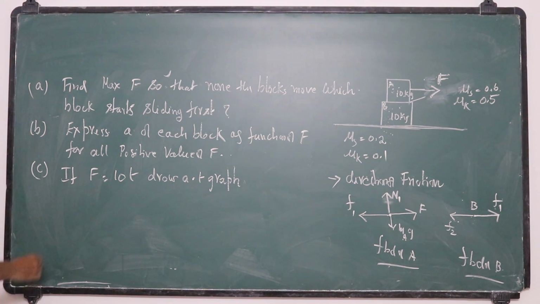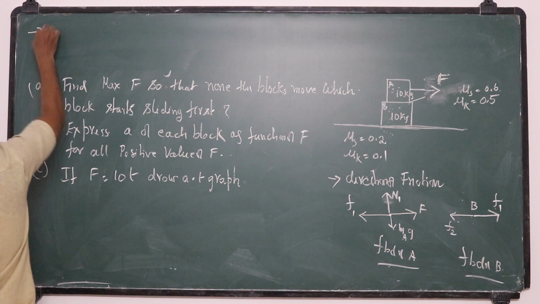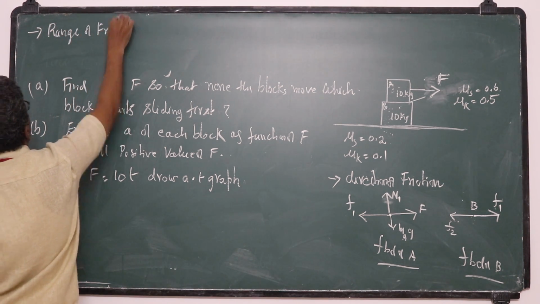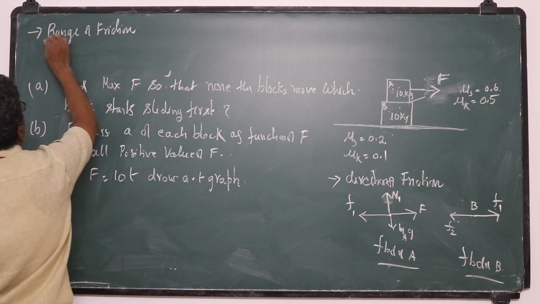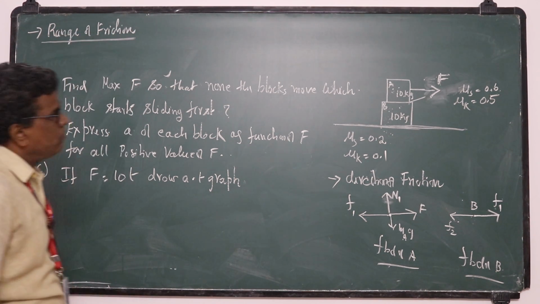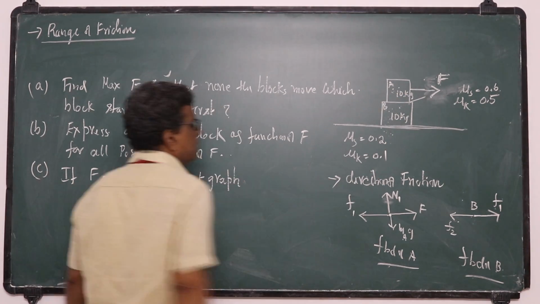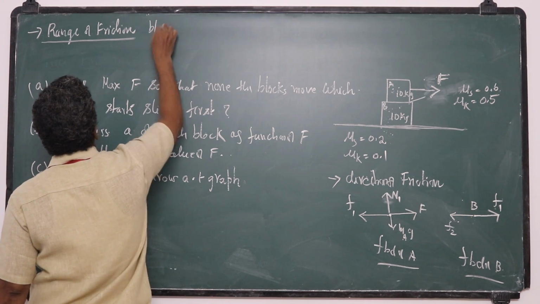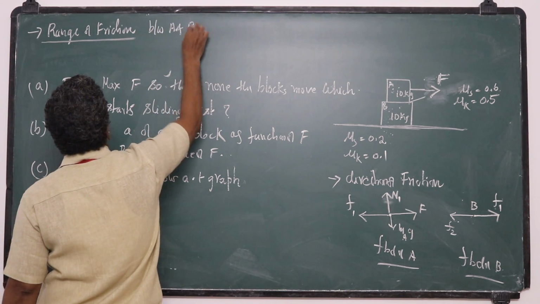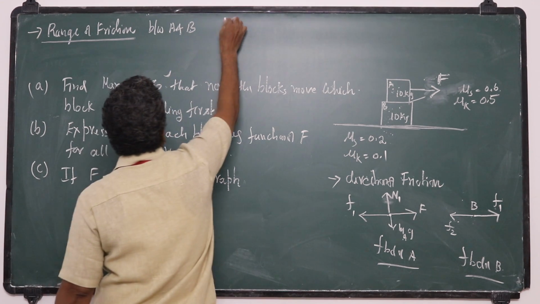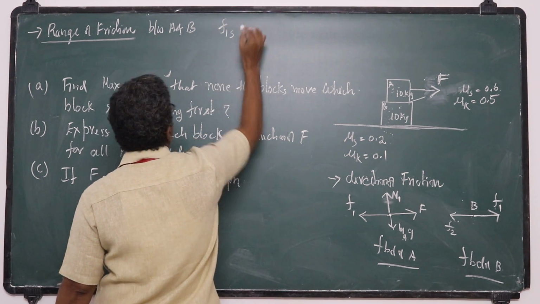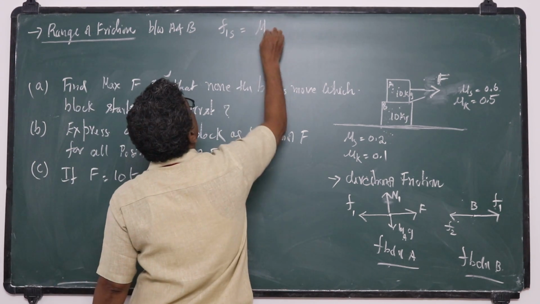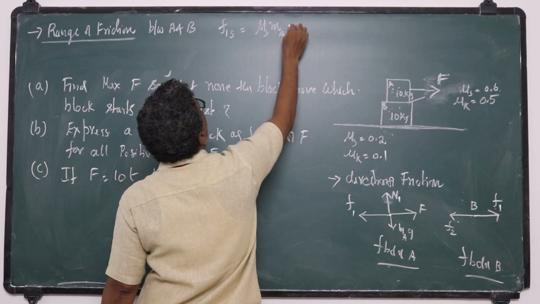Now next one is, what is the range of frictional forces? Range of frictional forces between A and B, that is F1. So F1 static, the static frictional force, is mu s m g, mass of A into g.